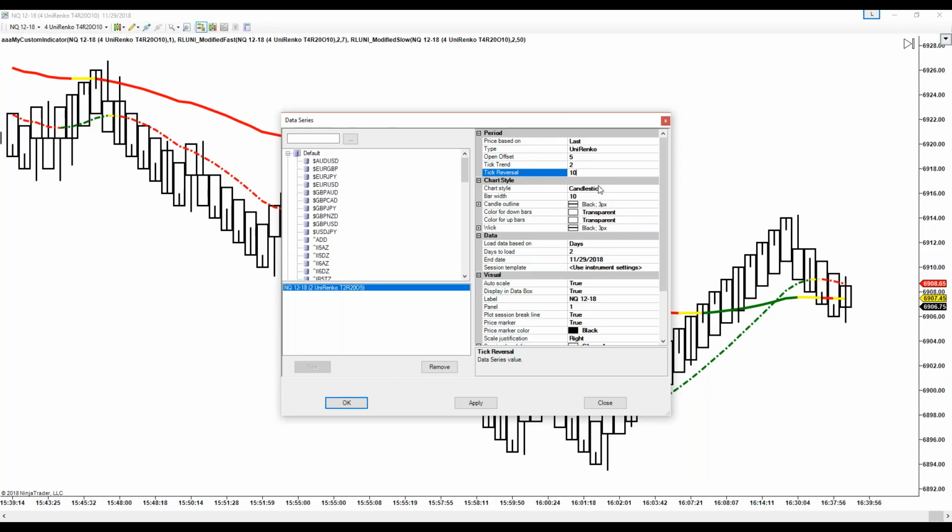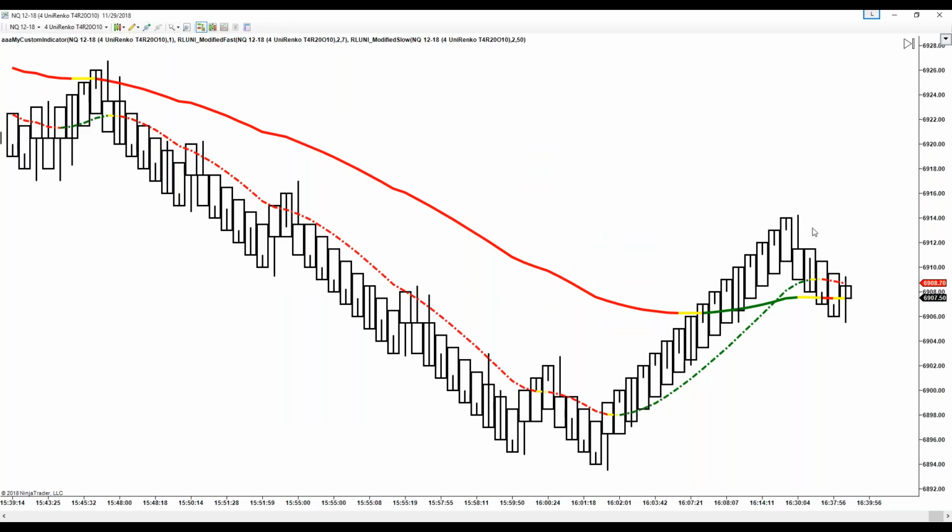On the E-mini, we do a 4, a 2, and an 8. What we've done is optimized the Renko settings for quite a few markets, and for the ones that we have, if you ask us, we'll give those to you. But remember, there is no time component here. The only thing that determines the speed of these candles is how fast the price is changing. That's all.